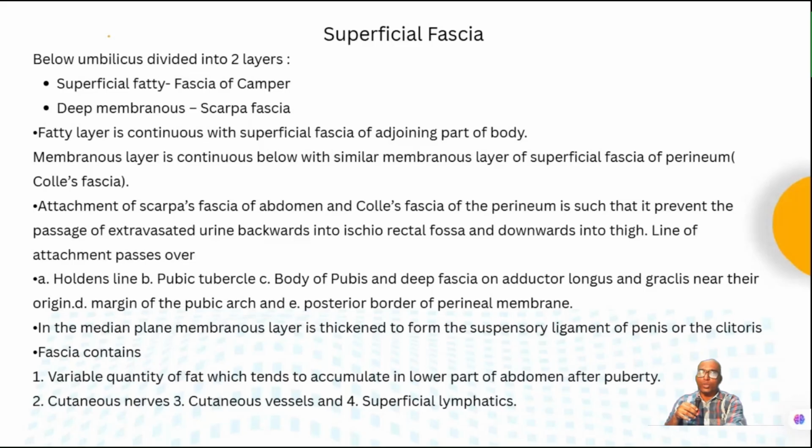Here you should remember the two layers: the fascia of Camper is the superficial fatty layer, and the deep layer is called Scarpa's fascia, the deep membranous layer. Its attachment inferiorly to Colles' fascia has clinical significance. Whenever there is extravasation of urine, this attachment will not permit the urine to leak either towards the thigh or towards the ischiorectal fossa. This is the clinical significance which you should remember.